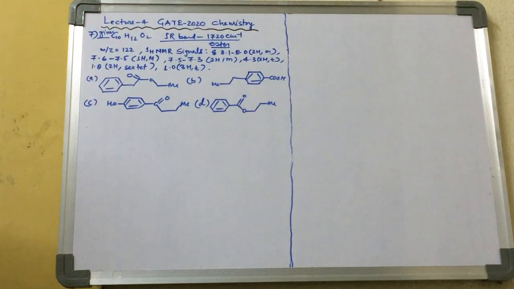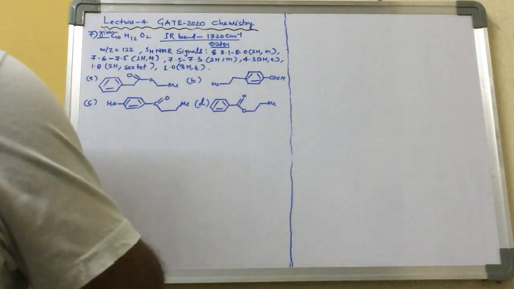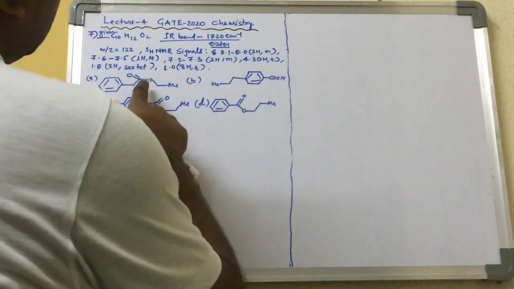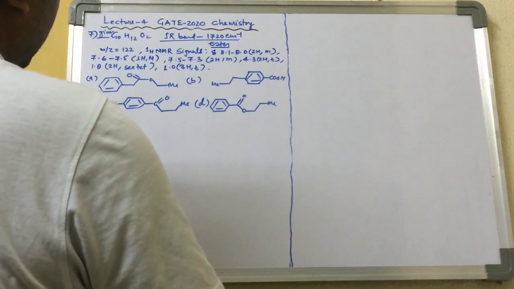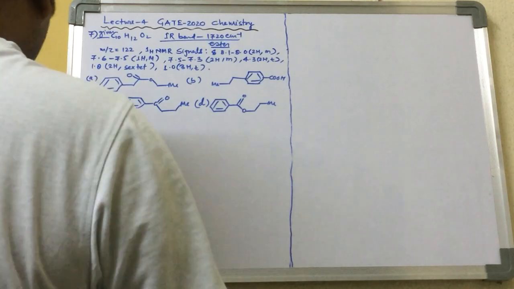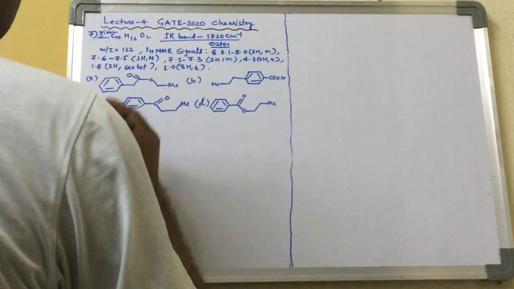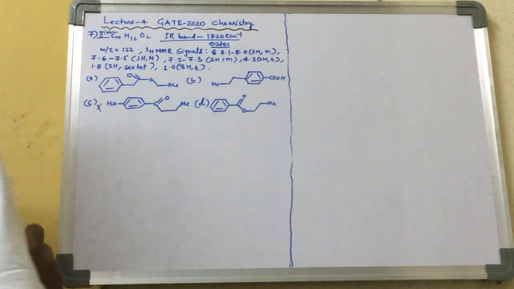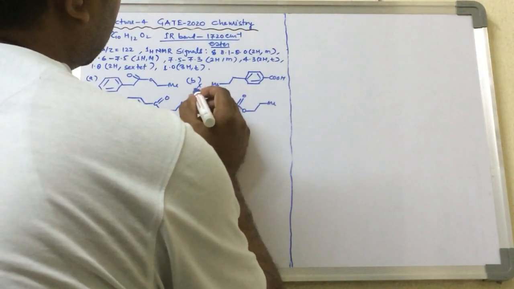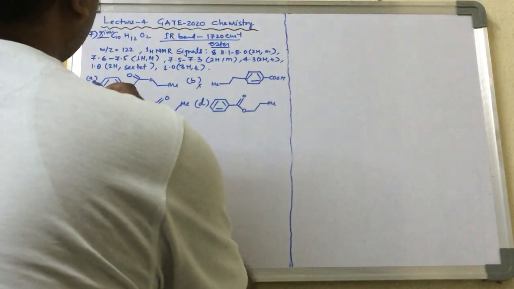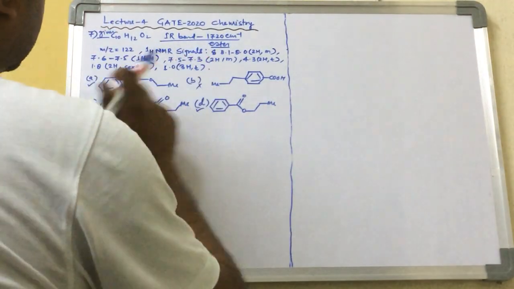So first, according to the question, an ester is given, so first you check whether an ester is present or not. Here ester is present, here it is not present, so this will not be the correct answer. So first you cancel this out, and this is also not the correct answer. You have to fit all these data.